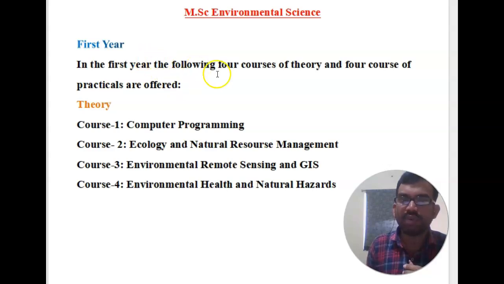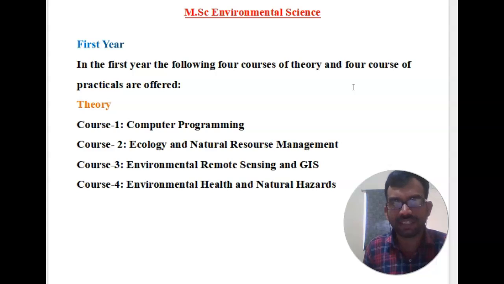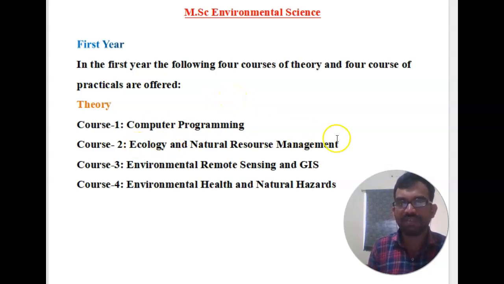In the first year, the following 4 courses of theory and the 4 courses of practicals are offered. The theory is 4 courses. One is computer programming, the second is ecology and natural resource management, the third is environmental remote sensing and geographical information system, and the fourth paper is environmental health and natural hazards.